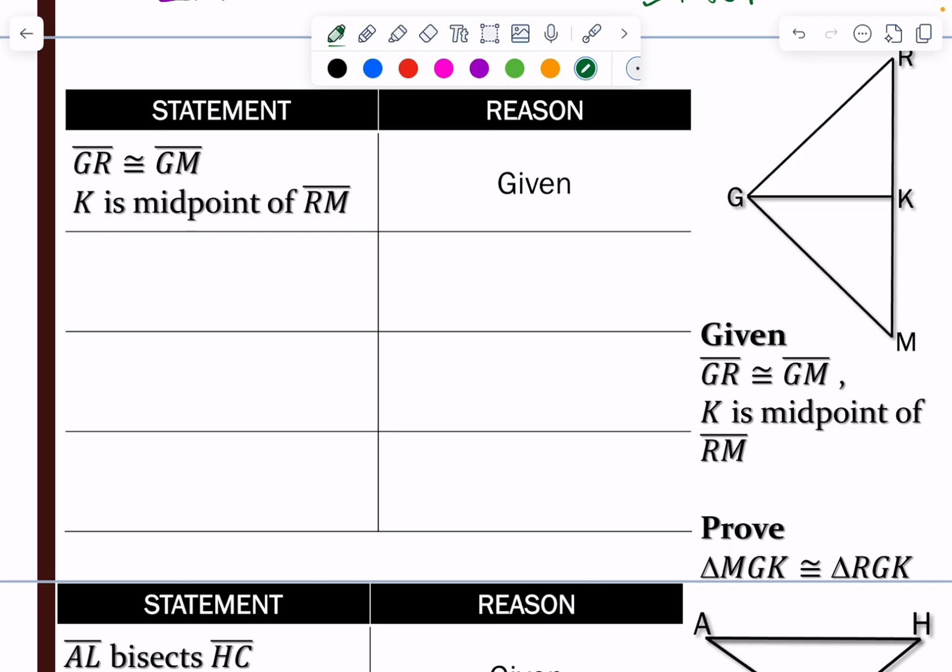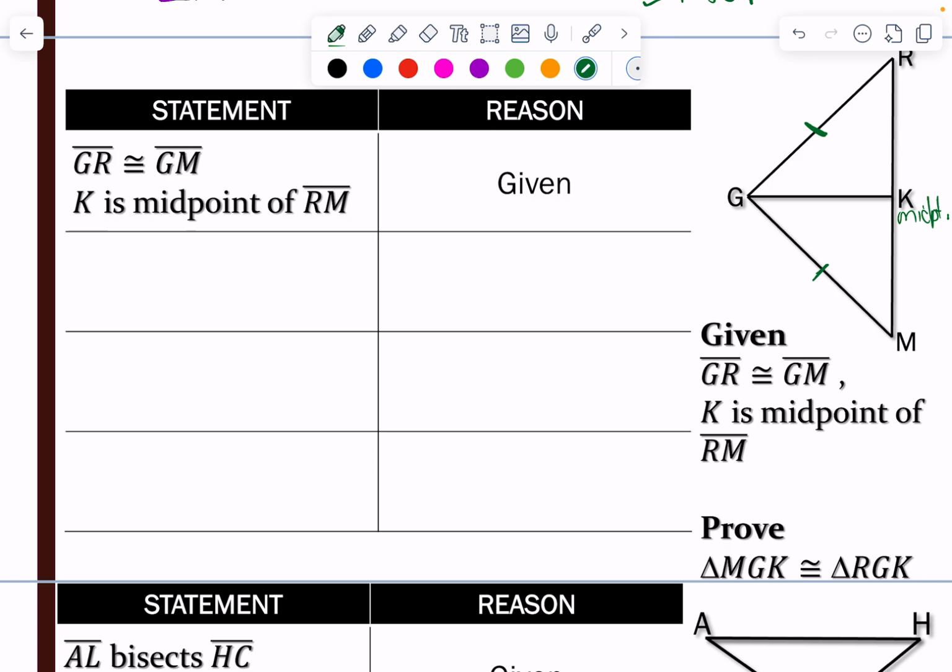So let's start in with our given statement. The first thing I am told is that GR and GM are congruent. That is my given. I'm also told that K is a midpoint of RM. Okay?